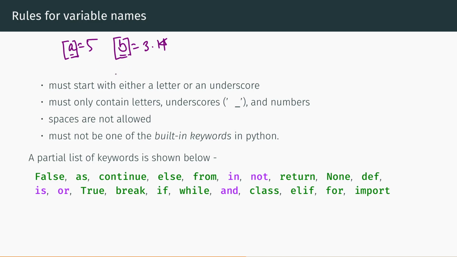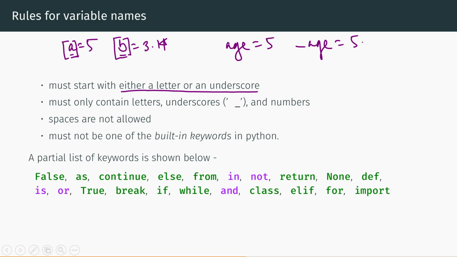When you create variables, the name of the variable must start with either a letter or an underscore. So you can say things like a equals 5. You can also say age equals 5. You can say _age equals 5 as well. That's also okay.